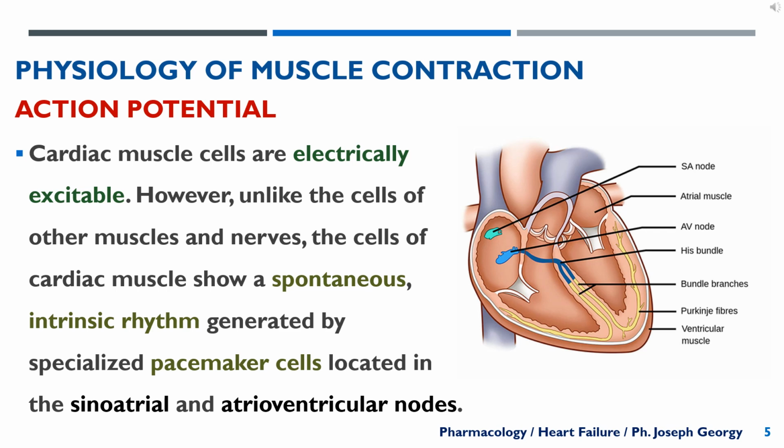If we take a look at this figure, we have many pacemaker cells. We have SA and AV nodes, we have the His bundle, we have Purkinje fibers. Each type of these pacemaker cells is located in a site within the heart, as we see here.